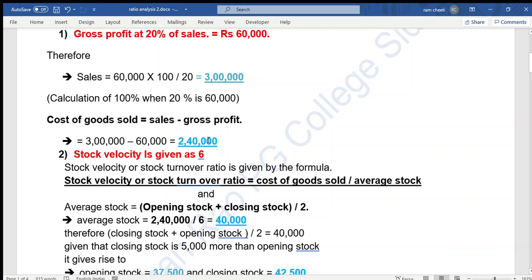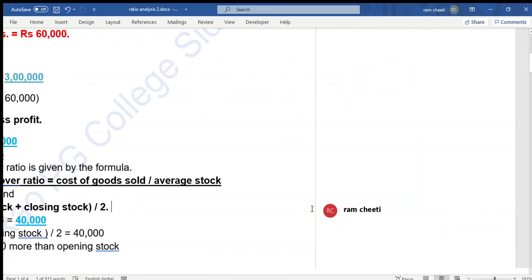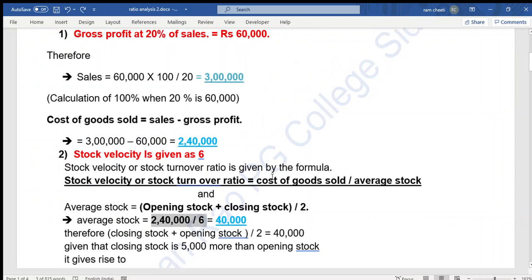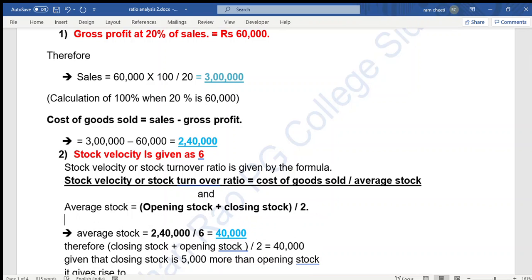We are supplied with the stock turnover ratio of 6. So if we interchange the formula, average stock is equal to cost of goods sold divided by stock turnover ratio. Just a moment, let me put it for you so that you won't be confused.